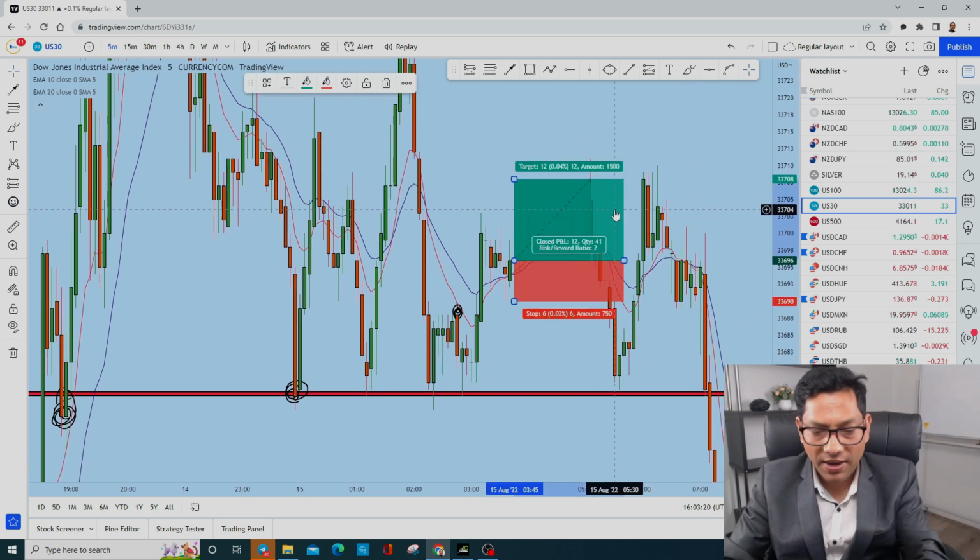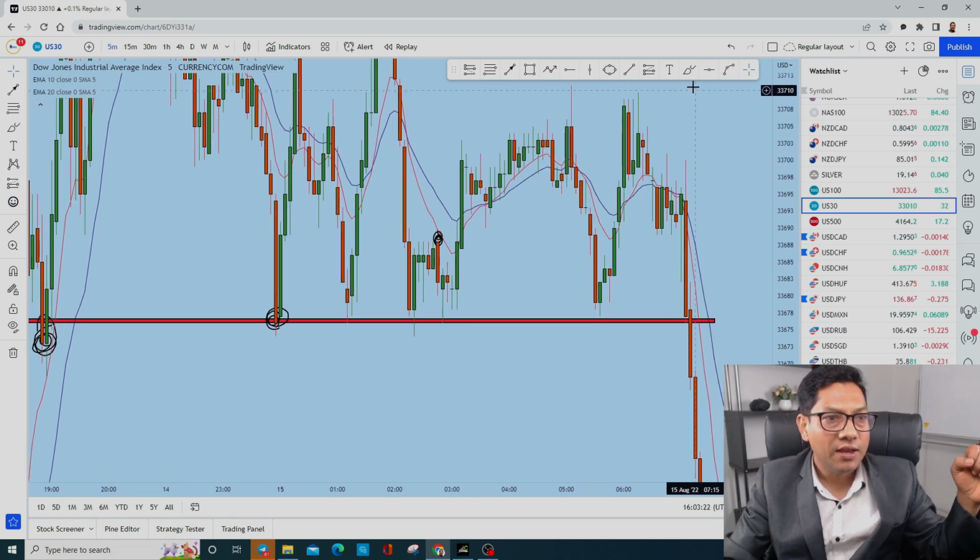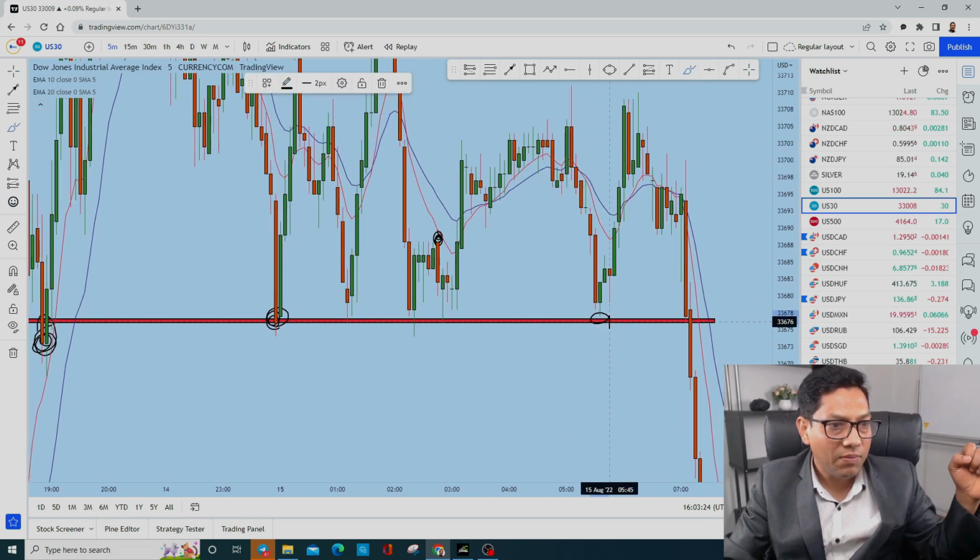Now what happened next? Look at this, the same thing, the price came back to the same level of support with this red candle. The price created a higher low and created a strong rejection with this red candle. You can see back-to-back two candles, again another candle and a strong rejection with this red candle.